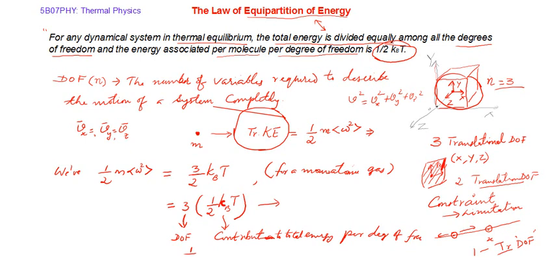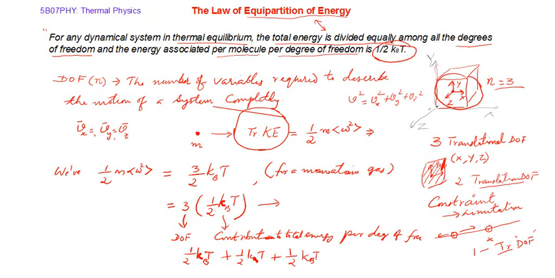And the remaining half kBT is contributed by the motion along the z direction. Is it clear? The x, y and z, the 3 degrees of freedom, contribute equally to the total energy of the system, and that explains the law of equipartition of energy well.